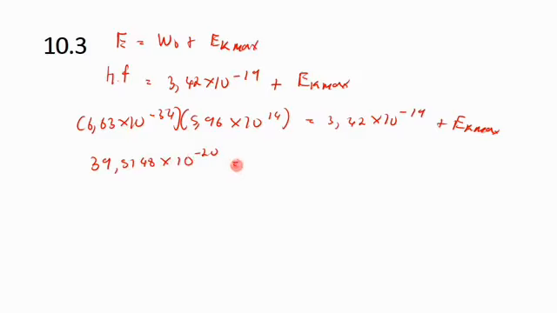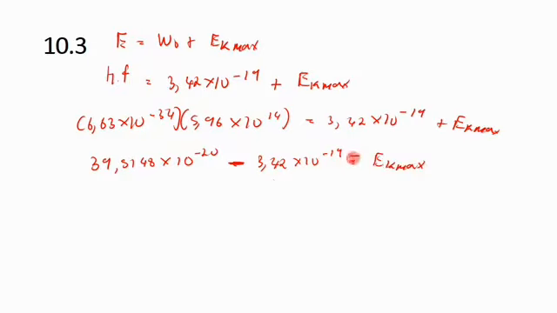I'm aware that your calculators might not show this the way I'm saying it, but at the end of the day, whatever value you get, it's just a matter of the decimal places. Then we have minus 3.42 times 10 to the exponent of negative 19 equals EK max, right?